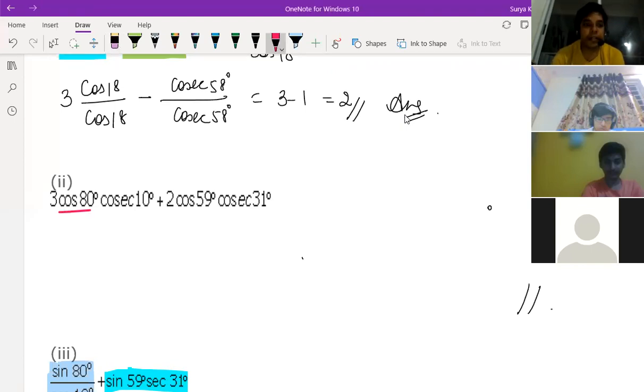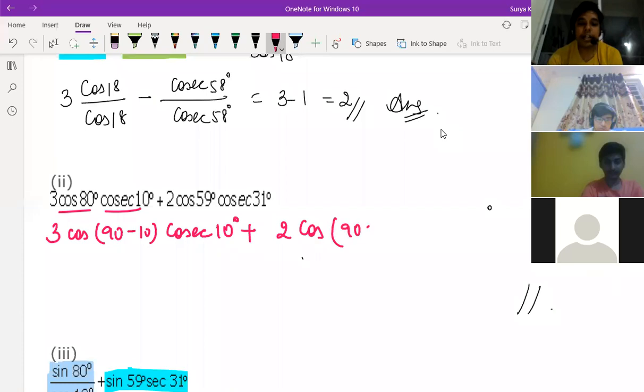So this is one pair. So we are changing 3 cos(90 minus 10) cosec 10 plus 2 cos(90 minus 31) cosec 31.